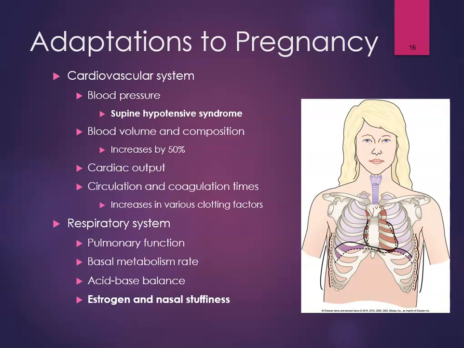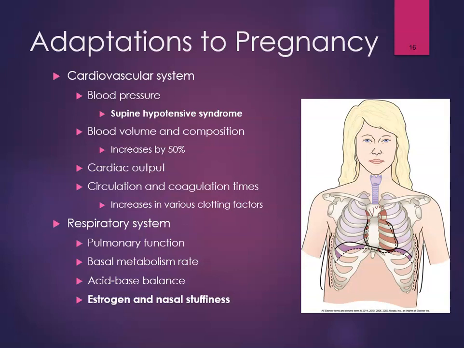And this is why pregnant women, especially in the second and third trimester, should never lay flat on their back, supine, because it presses on the aorta, sorry, the descending aorta that runs down the backside, and it can cut off blood return and blood flow, and cause dizziness.